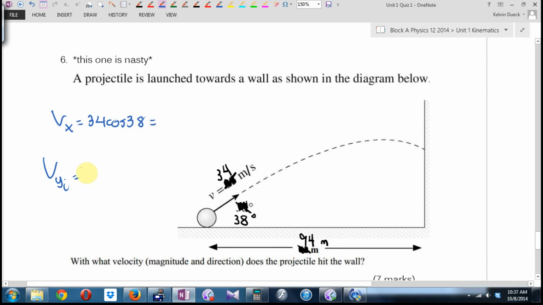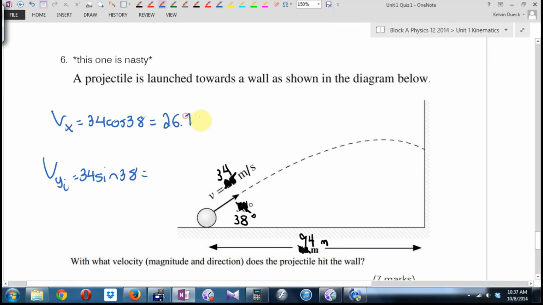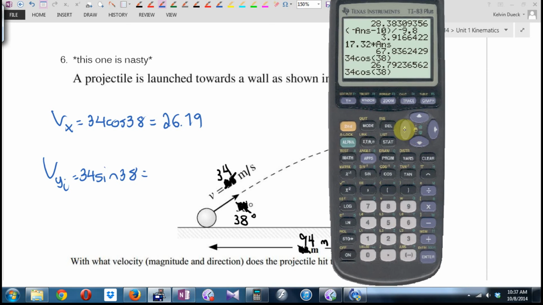And Vy is going to be 34 sine 38. 34 cos 38, I get 26.79. And Vy is going to be sine, I get 20.93.